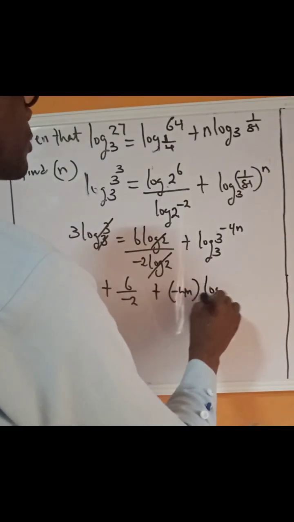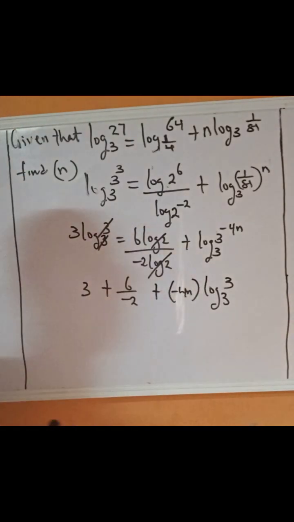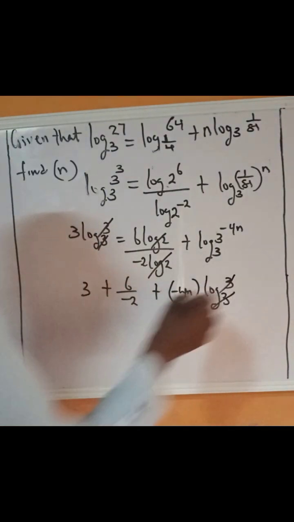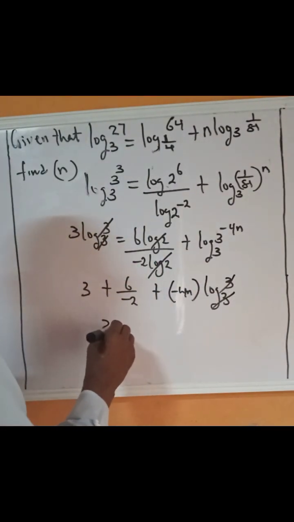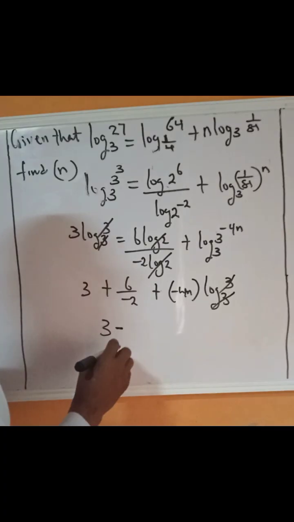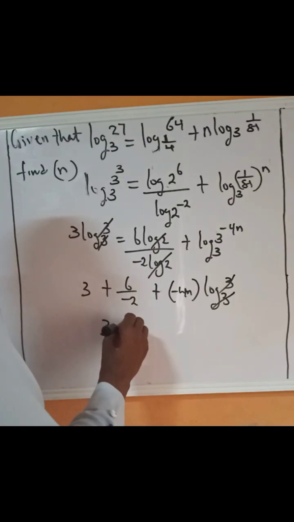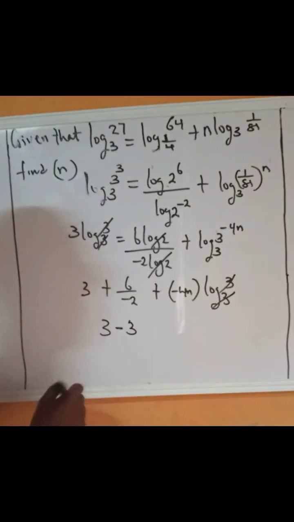Then log 3 into base 3, which will eventually knock each other out. So here we have 3 minus 4, which is minus 3.